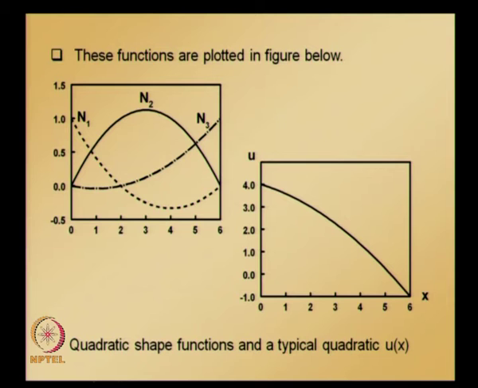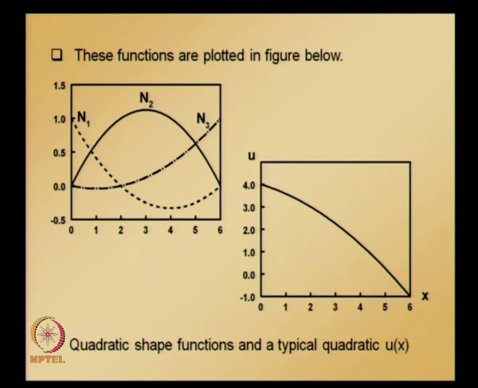By looking at these figures or these plots, you can note that the location of the interior node, that is x2, influences the behavior of these functions n1, n2, n3.